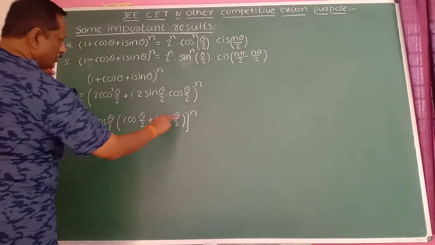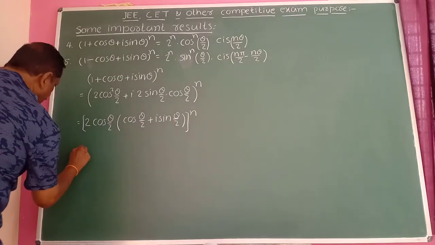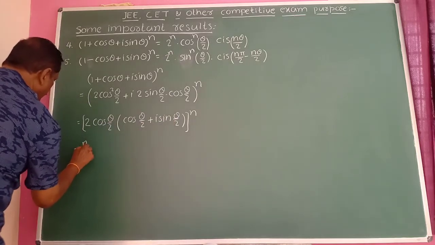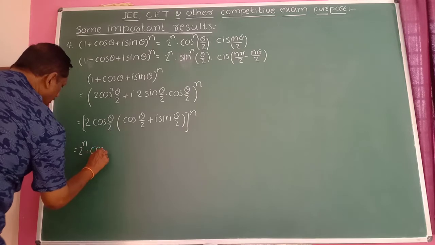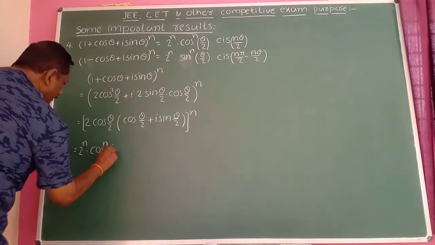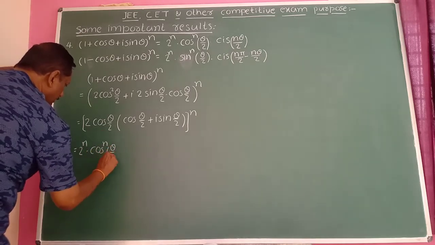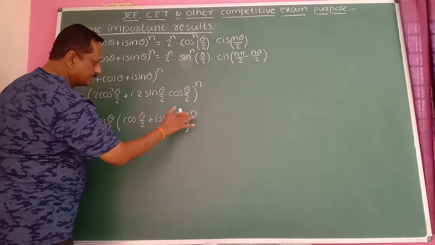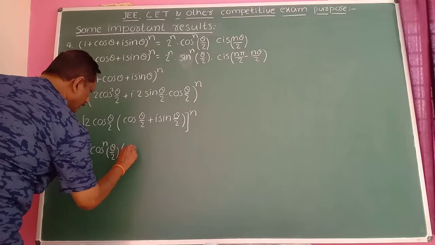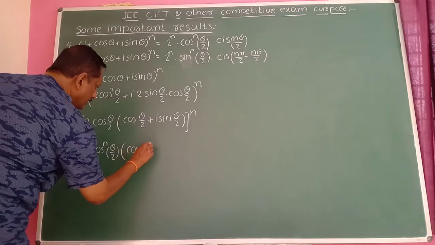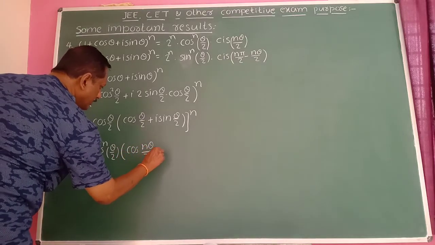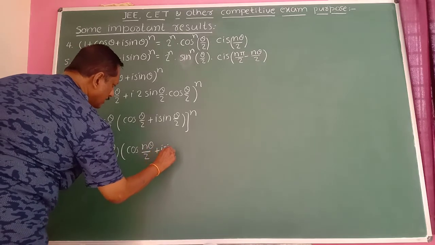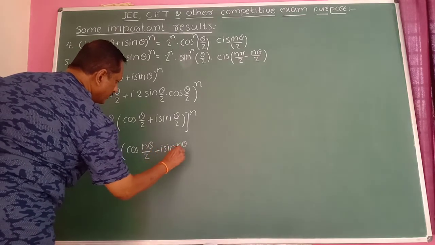Then 2 raised to n here, using the laws of indices formula. Then cos raised to n theta by 2 here, and using De Moivre's theorem, this raised to n means cos of n theta by 2 plus i into sin of n theta divided by 2.